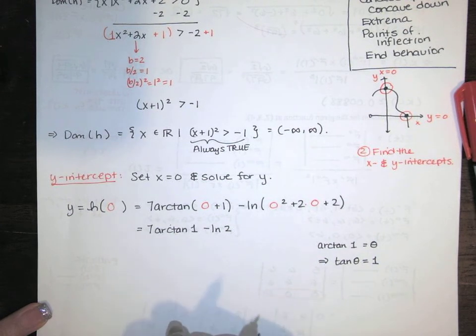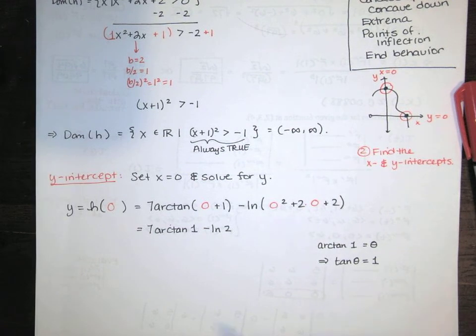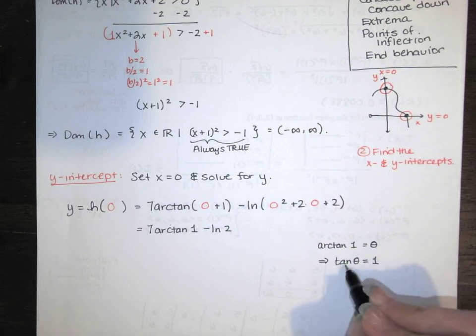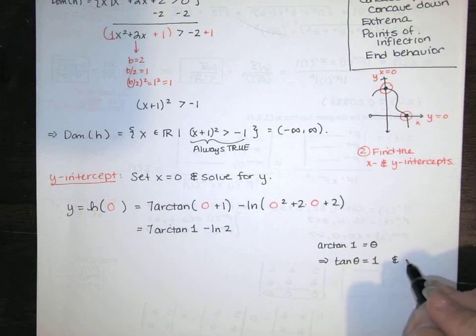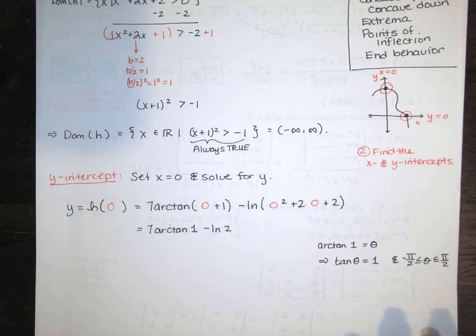Inverse trig functions were defined by restricting the original functions because otherwise, without the restriction, those didn't technically have inverse functions. So tangent of theta has to be 1, and there's this extra restriction. Theta, that's the value of our arctangent function, has to be between negative pi over 2 and pi over 2 radians. Or in other words, in degrees, that angle has to be between negative 90 degrees and 90 degrees.